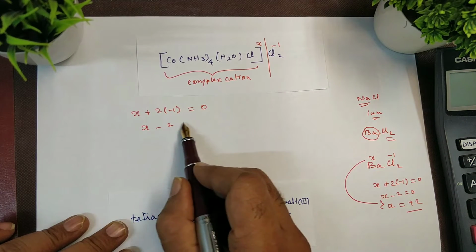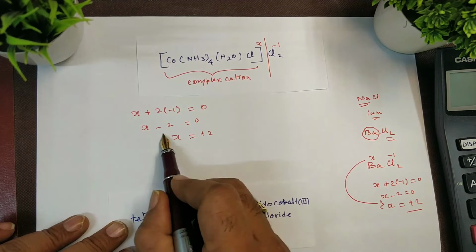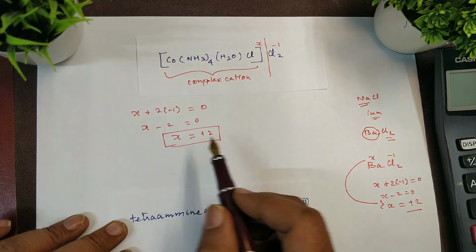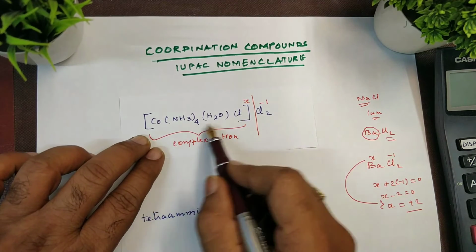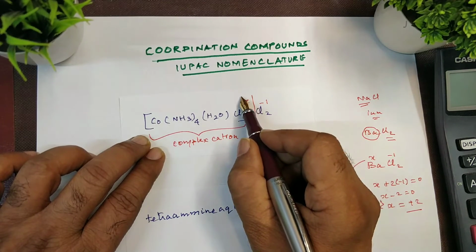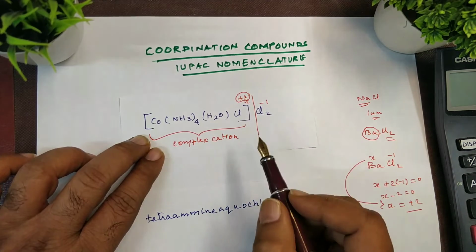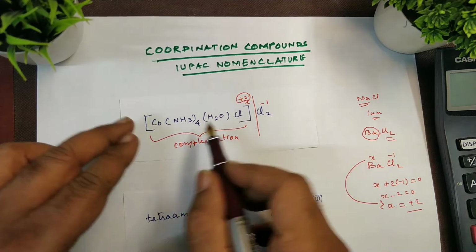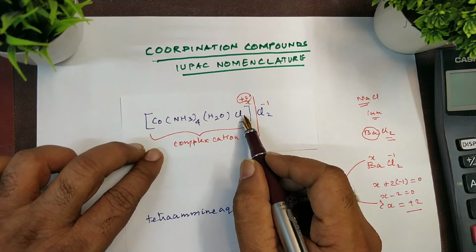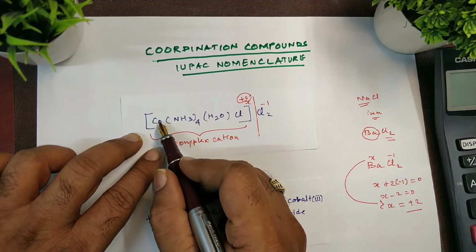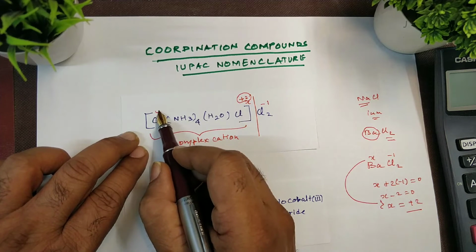Therefore X minus 2 is equal to 0 and X is equal to plus 2. Now we know the oxidation state of this complex cation is plus 2, so let us mention this as plus 2. And within the complex ion, we should be able to identify the oxidation state of the central metal atom. Let me put Y for this.